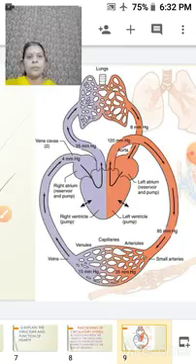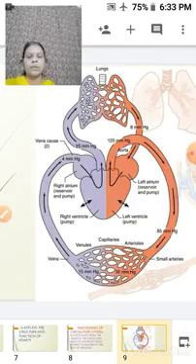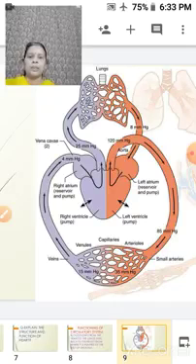At the same time, the deoxygenated blood, which is rich in carbon dioxide, is sent back to the lungs for purification from the right side of the heart.